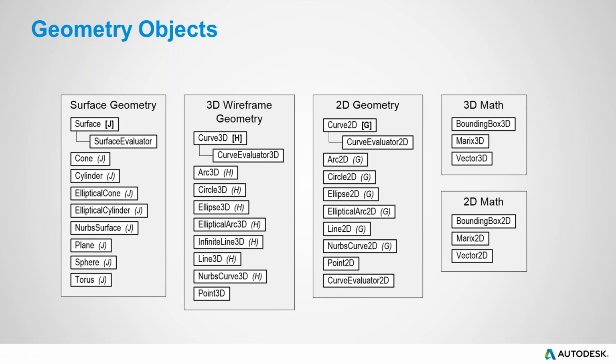If I go to a construction axis and ask it for its geometry, it's going to return an infinite line because it's not bounded on either end. And if I query a vertex for its geometry, I'll get a point 3D object back.